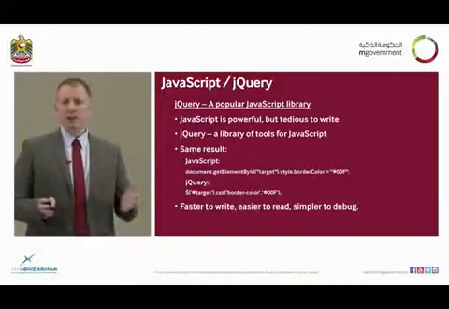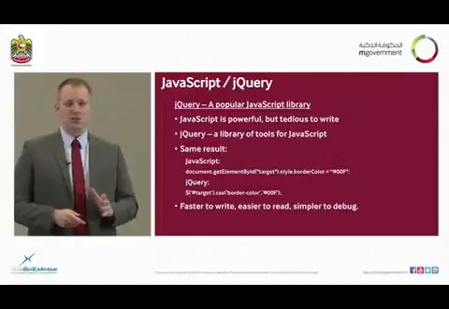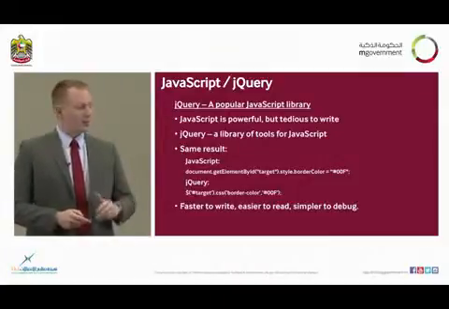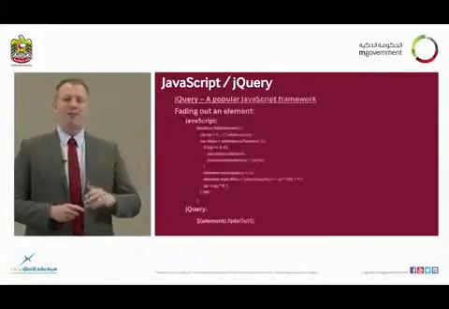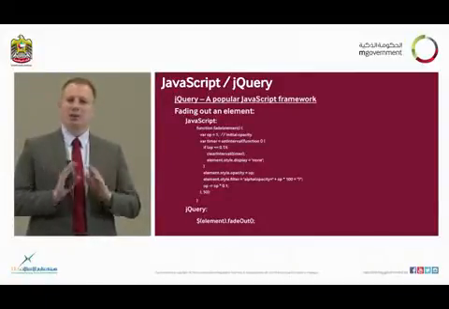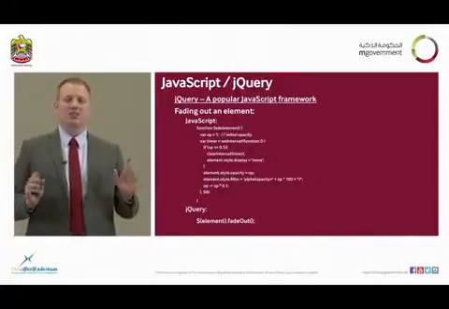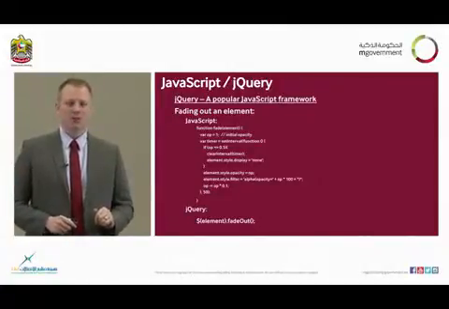You can see it's less code. And if that wasn't enough to convince you that jQuery makes things easier to program, let's have a look at this. Above is a JavaScript function that will fade an element out into complete transparency. The equivalent in jQuery is the single line of code that you see below it.